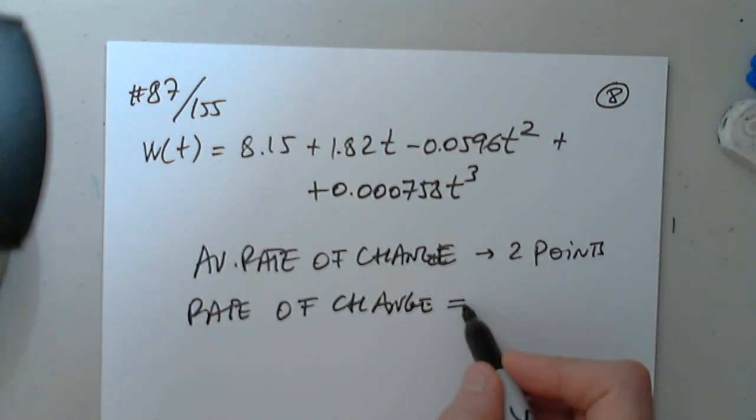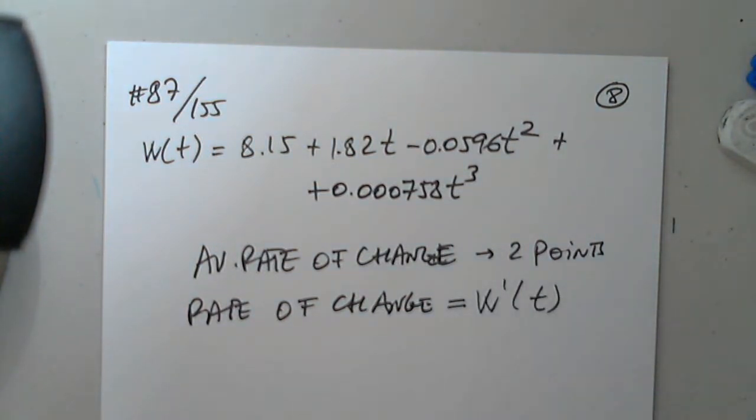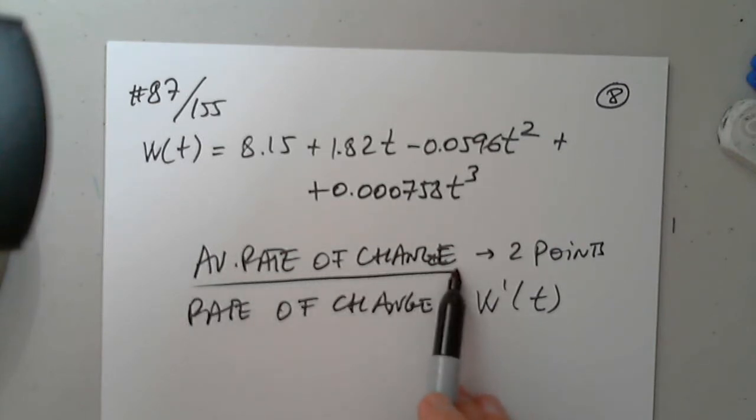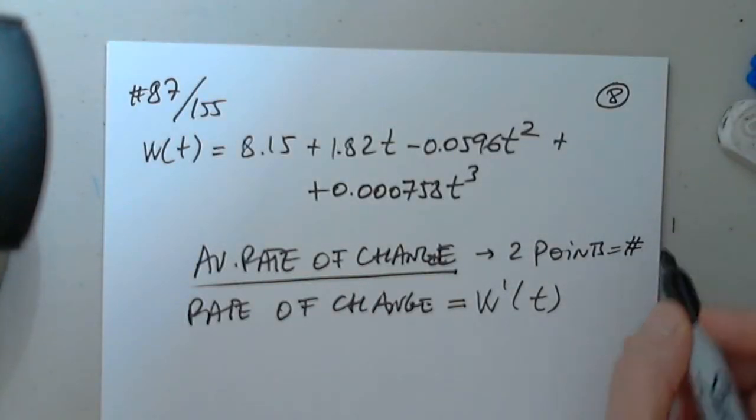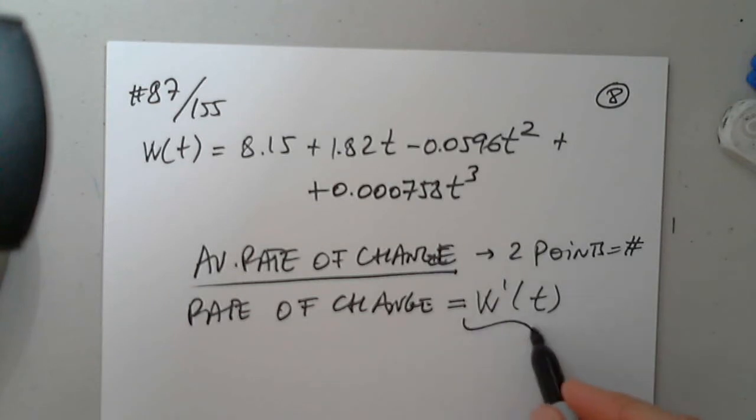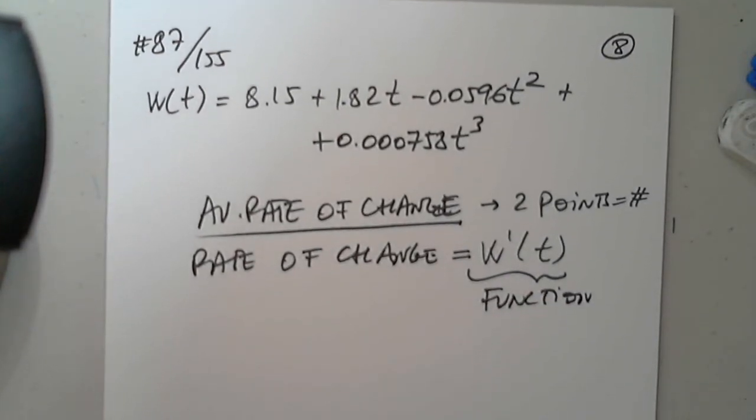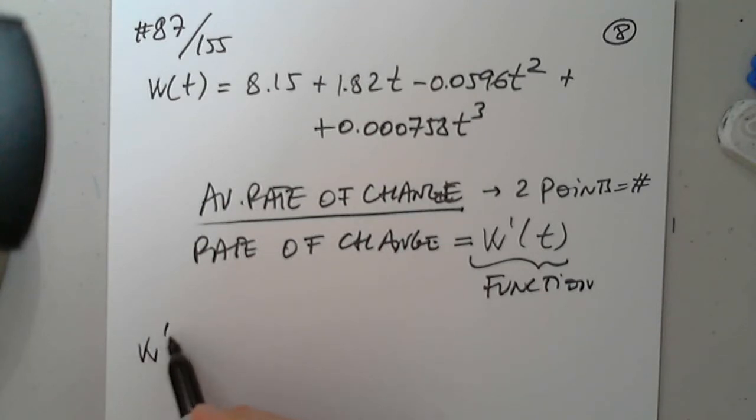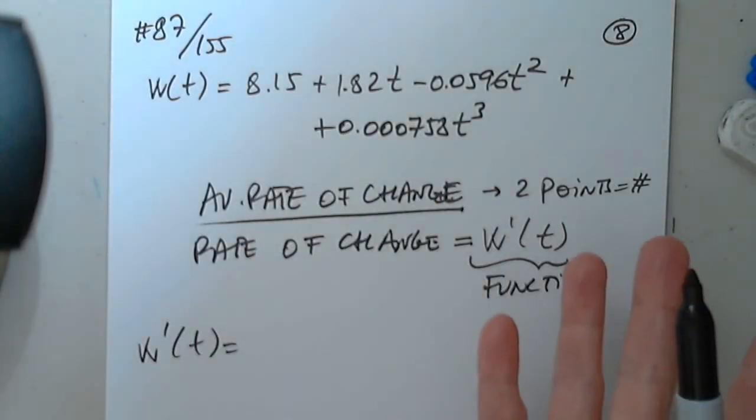The rate of change is W prime of t. Do not confuse the average rate of change with the rate of change. The average will be a number. The rate of change is a function. So please remember that. So W prime of t is ugly, right?